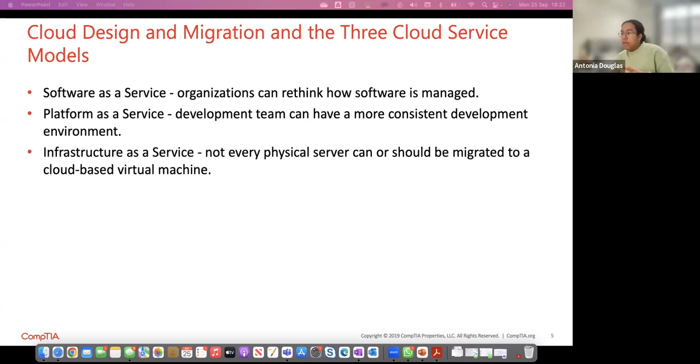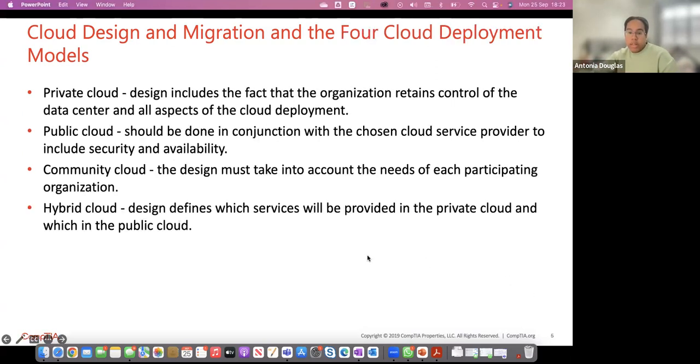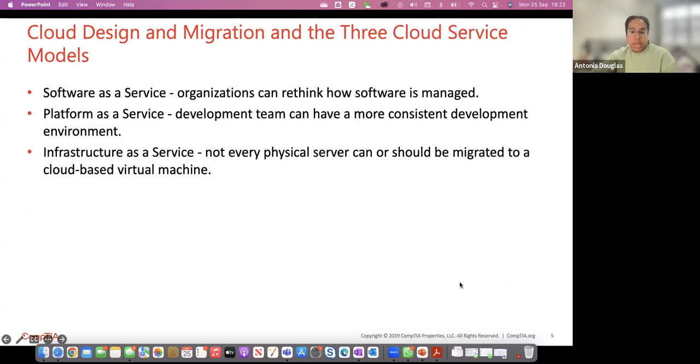I know it's not covered in this course, I don't believe it's covered, but I would encourage you to look at the shared responsibility model. I'll put it in the chat.